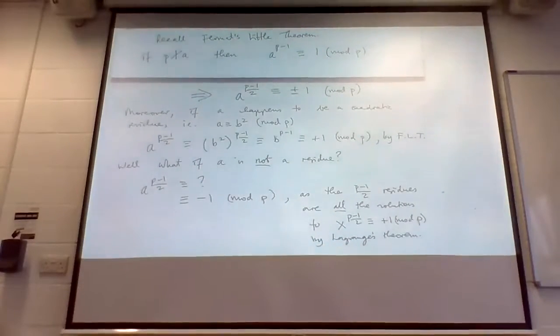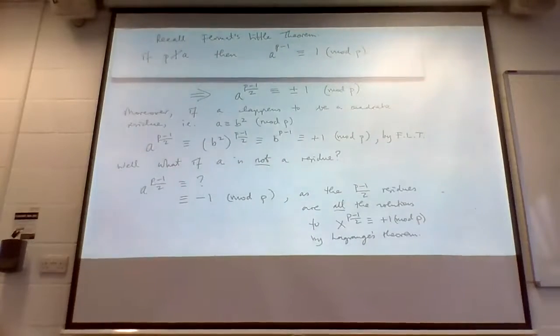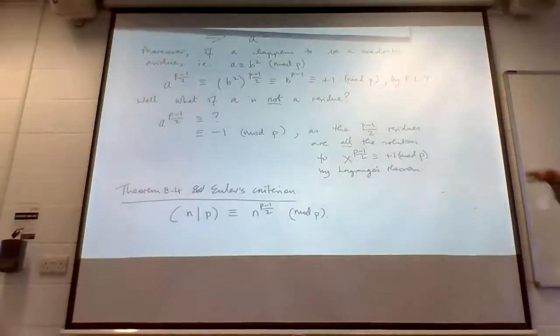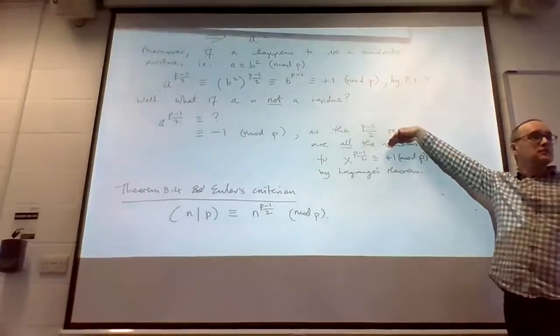Euler's criterion is that the Legendre symbol (n/p) is congruent to n to the power of (p-1)/2 mod p. And the proof is basically this argument we just gave here.